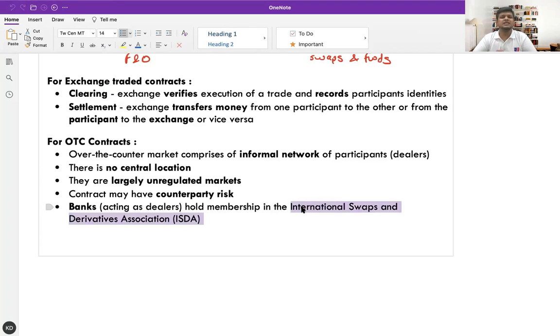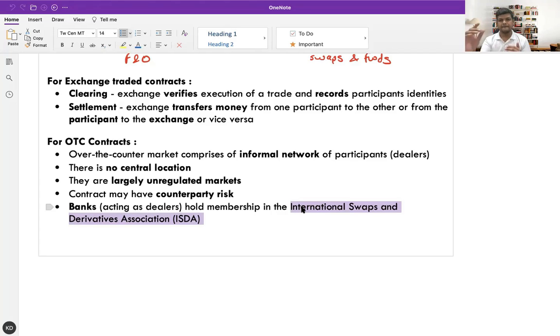This is just for your reference, but it's not that OTC is not legal. It is very much legal, but it's a one-on-one contract and very much customizable, but it also has its own risk. It has the advantage that you can make the contract as per your need, but it also has that default risk, on your head. Clear?